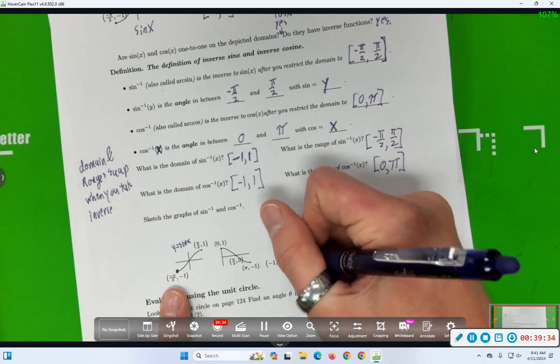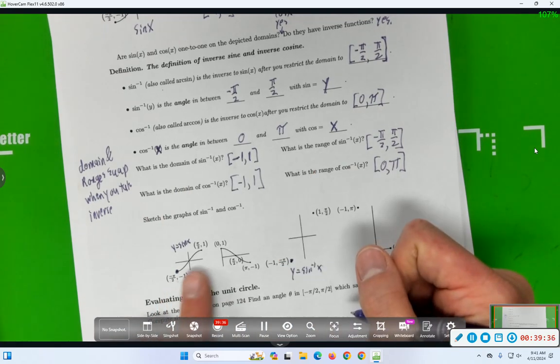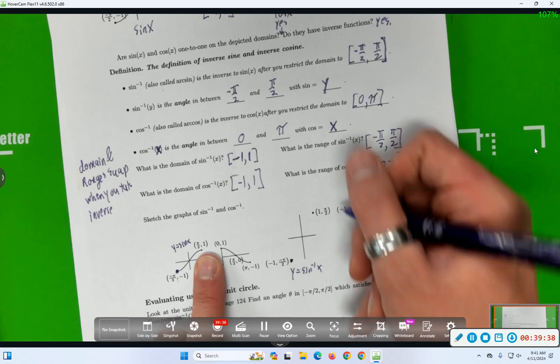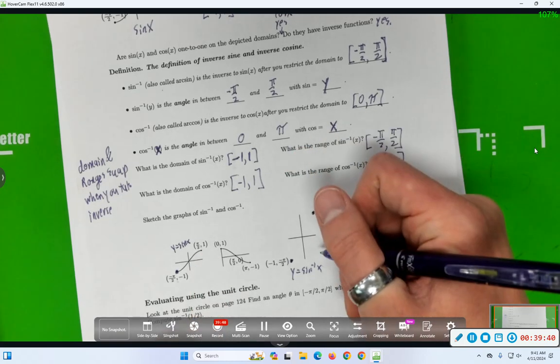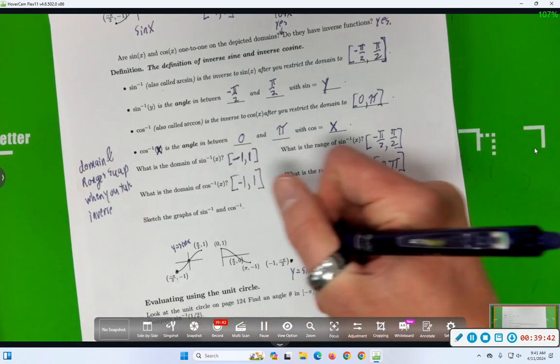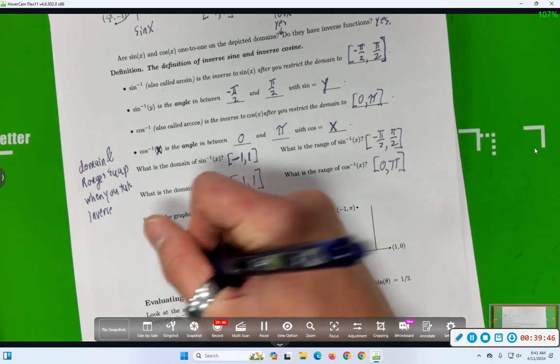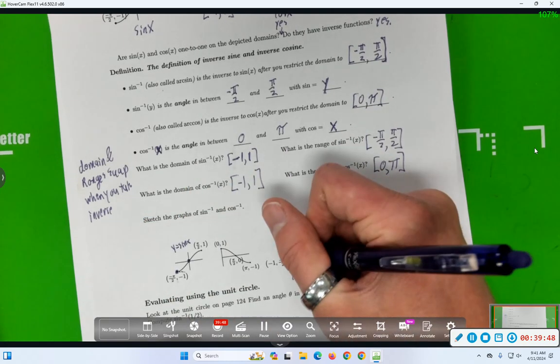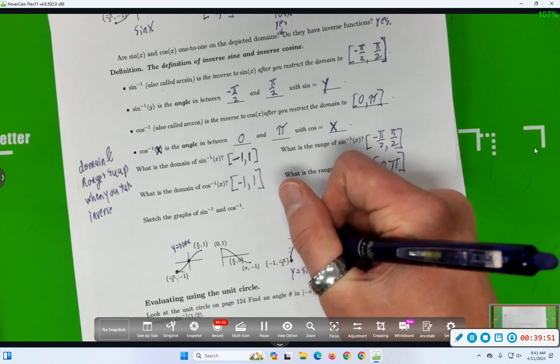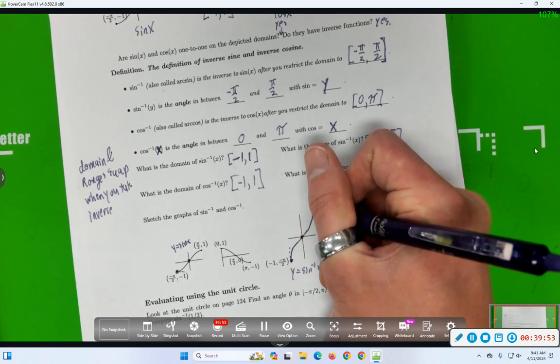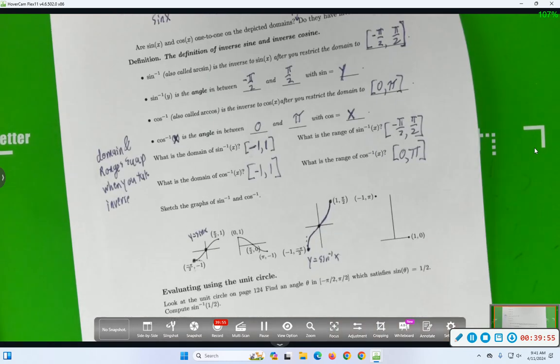Negative pi over 2 comma negative 1 will become -1 comma negative pi over 2. Pi over 2 comma 1 will become 1 comma pi over 2. 0, 0 will go to 0, 0. This is like horizontal tangent, so there will be a vertical tangent there. There's the graph of inverse sine.